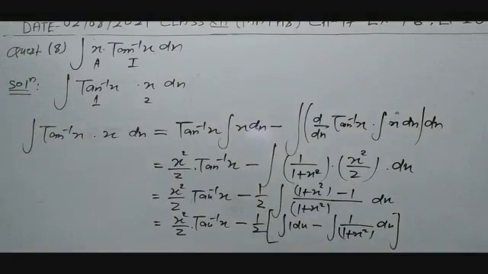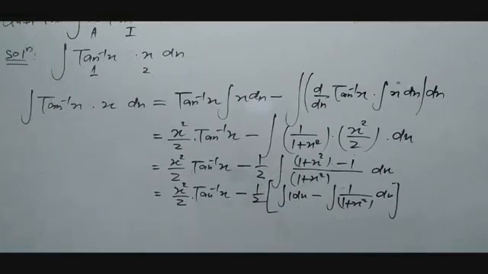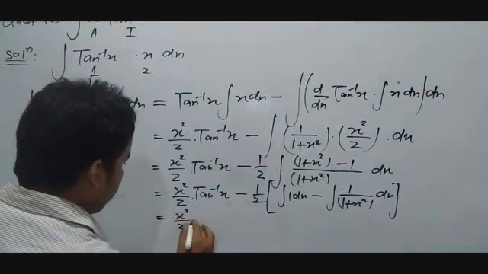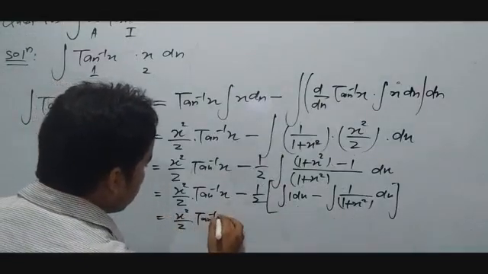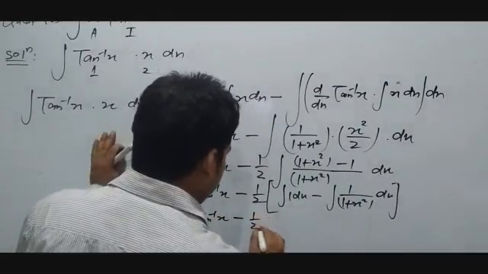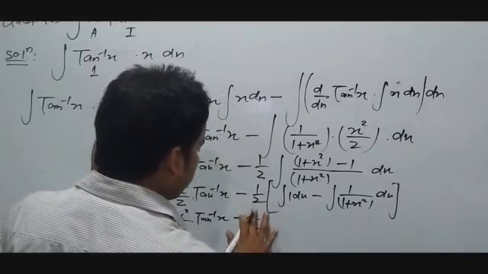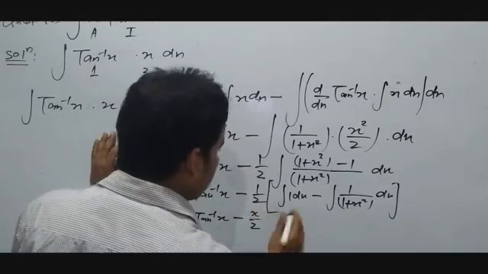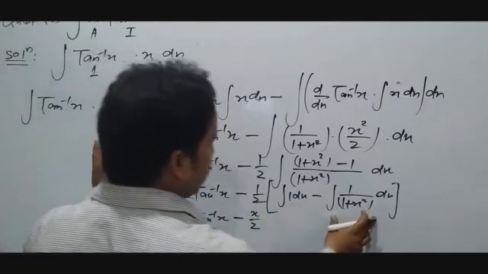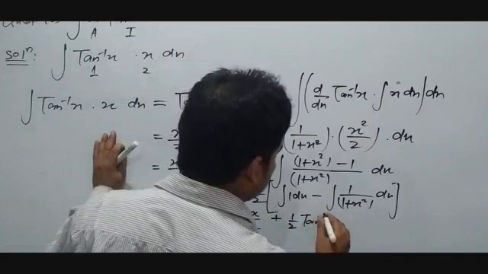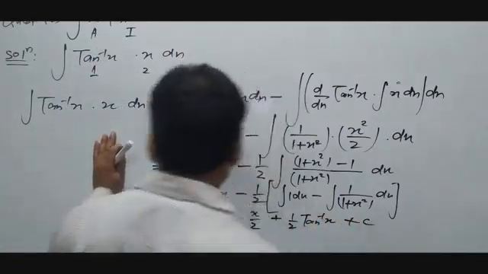So the answer will be x square by 2 tan inverse x minus x by 2, and minus minus plus, so plus 1 by 2 tan inverse x, now plus C.